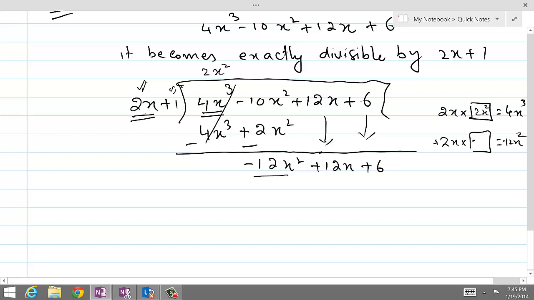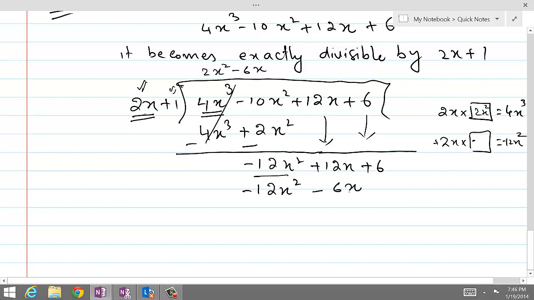So we are going to get minus 6, because 2 times 6 will give us 12. And now x times what should give us x squared? That should be x. So this is minus 12x squared. And because we multiply 1 with the same number, plus 1 times minus 6x will give us minus 6x.